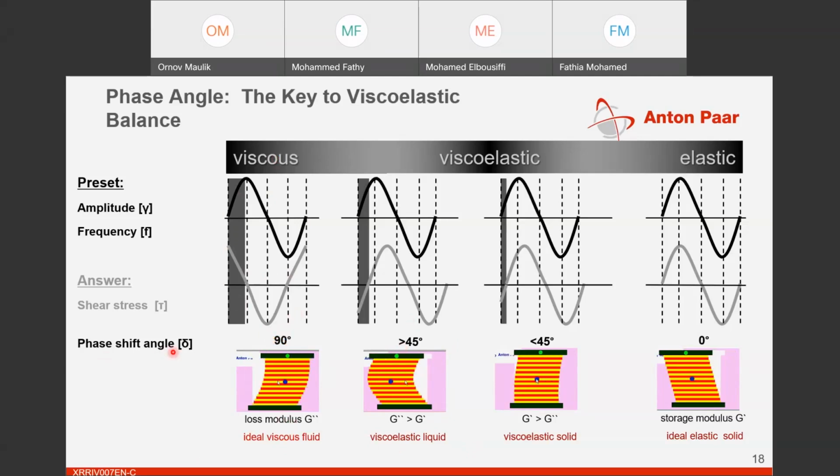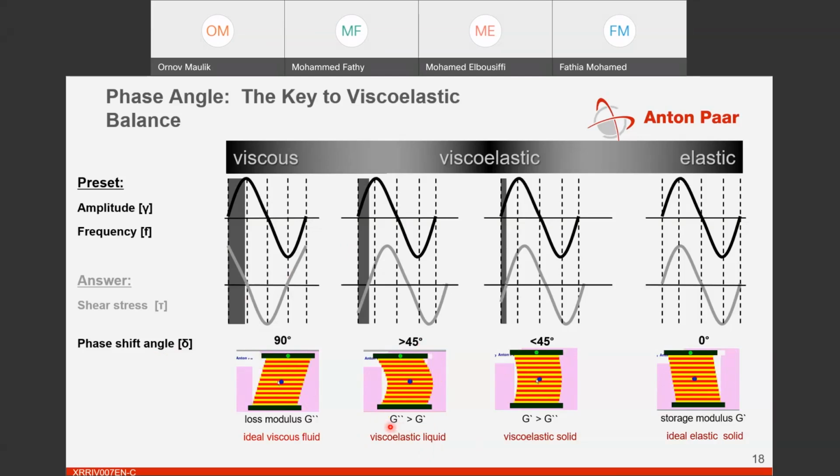Now, in case I am dealing with viscoelastic liquids like shampoo or glue, the phase shift angle, or the phase lag, would be greater than 45 degrees. So I can say that yes, I am dealing with viscoelastic liquids and my G double prime is greater than G prime.